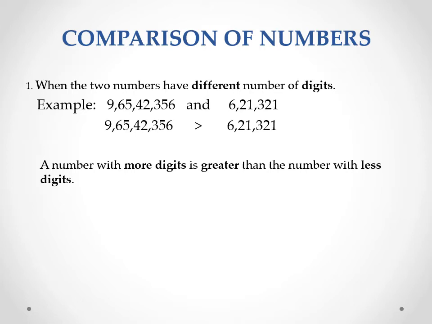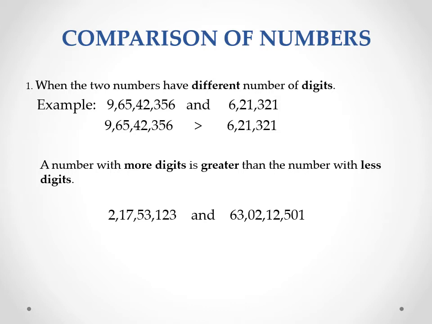Look at two more examples. To find the greater or lesser number, read the given numbers. 2,17,53,123 and 63 crore 2,12,501. Count the digits in both the numbers.